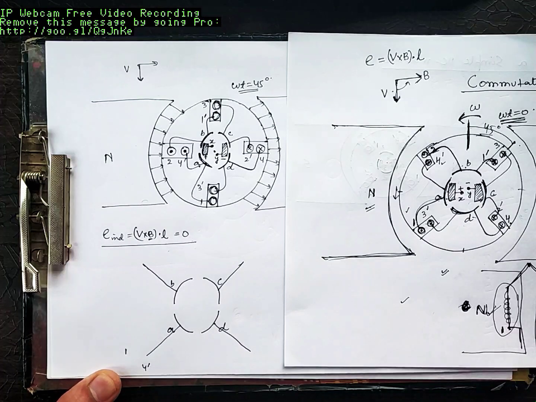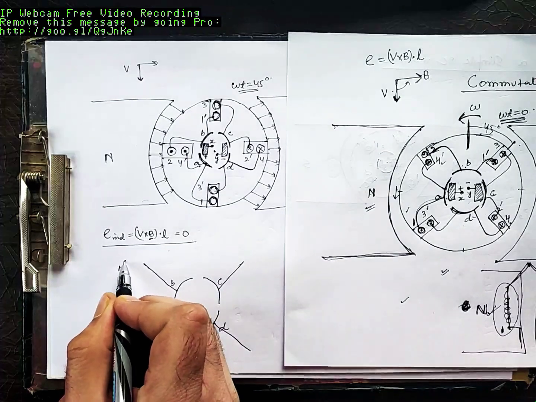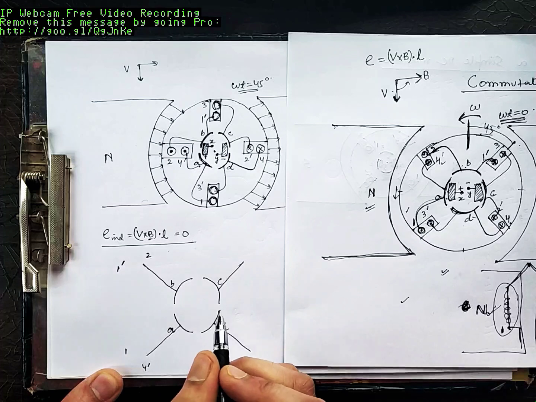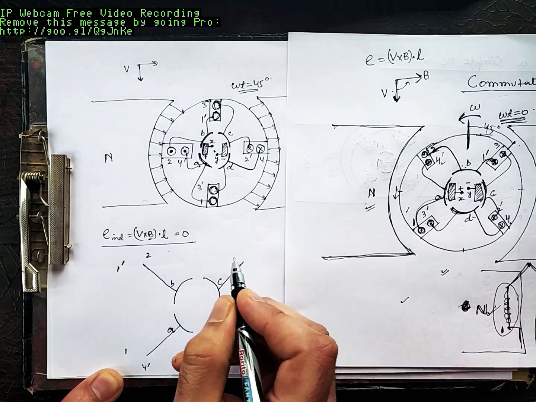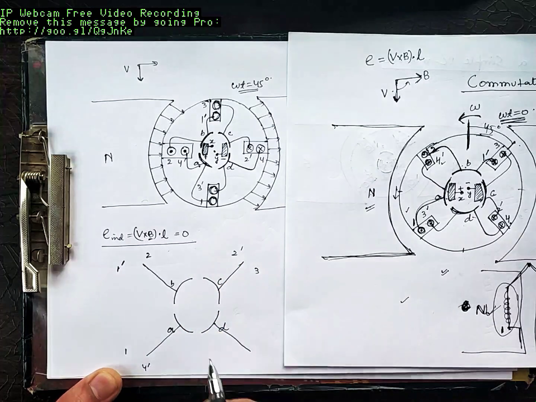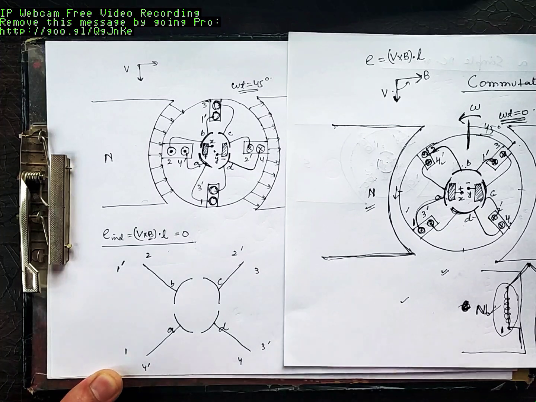To commutator segment B, 1 prime is connected and 2 is connected. To commutator segment C, 2 prime is connected and 3 is connected. To commutator segment D, 3 prime is connected and 4 is connected.